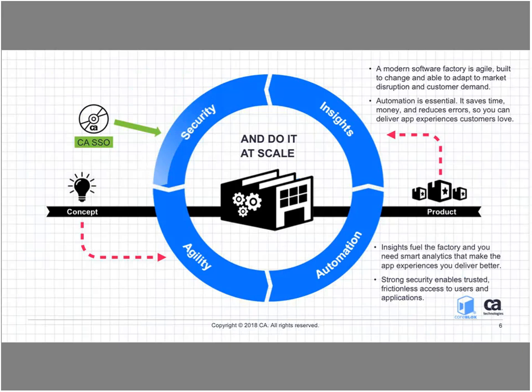And when we think about CA Single Sign-On, the first thing that comes to mind is, well, okay, that fits into the security aspect of what organizations are trying to achieve with respect to this modern software factory. It's in essence an access management tool. It provides secure capabilities for trying to ensure the right people get access to the right information at the right time, and do so in a way that has the level of trust necessary to be successful.